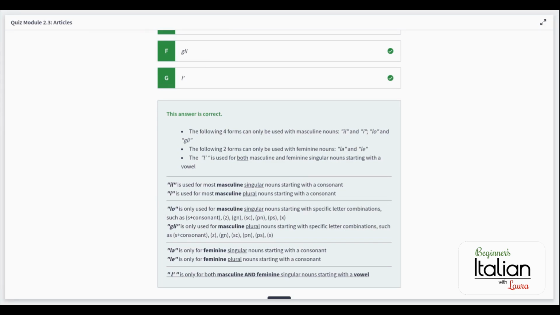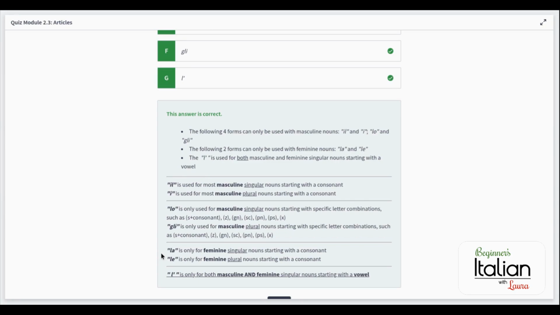Lo is only used for masculine singular nouns starting with specific letter combinations, such as S plus a consonant, Z, GN, SC, PN, PS, and X. Gli is only used for masculine plural nouns starting with specific letter combinations such as S plus consonant, Z, GN, SC, PN, PS, and X.